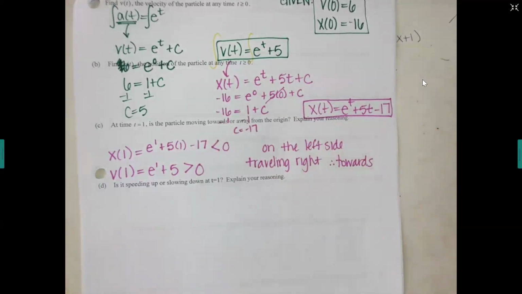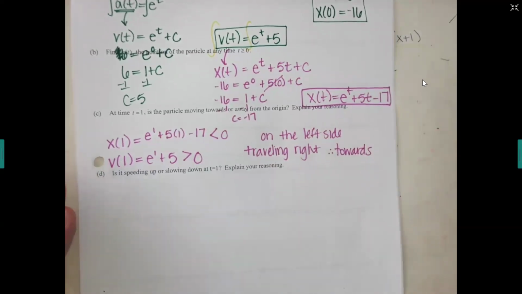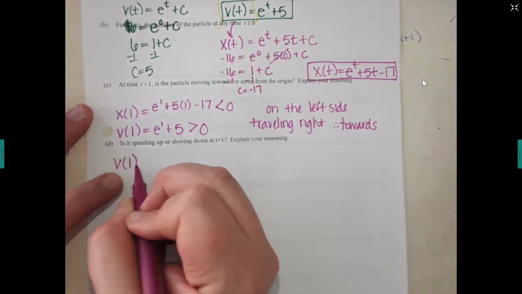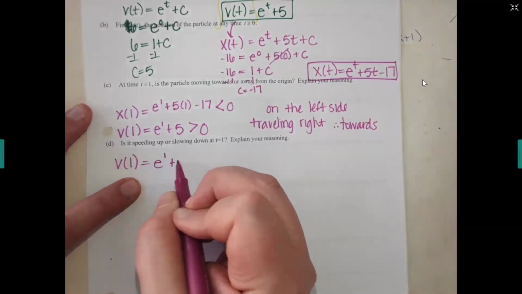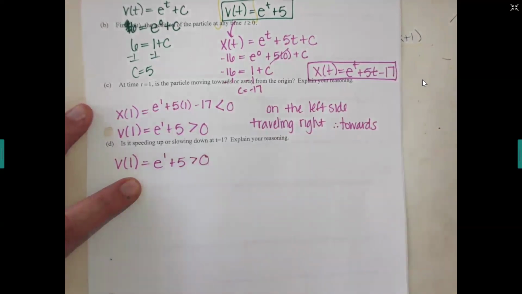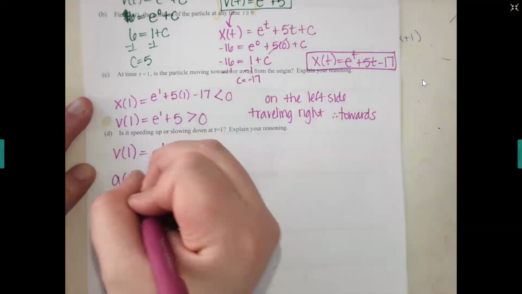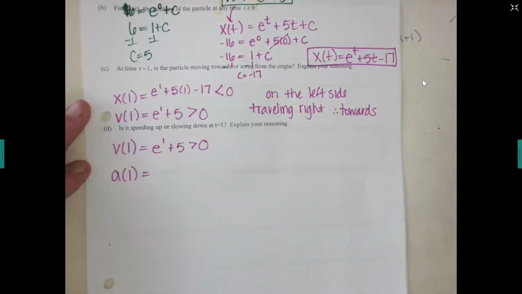Okay, then last question like that says speeding up or slowing down. For speed, which of the two things am I comparing between velocity, acceleration, and position? Velocity and acceleration. Now, v of 1, I already just did, so I already know that's greater than 0. But I'll have to check acceleration at 1. And remember, acceleration is the initial equation they gave me here.